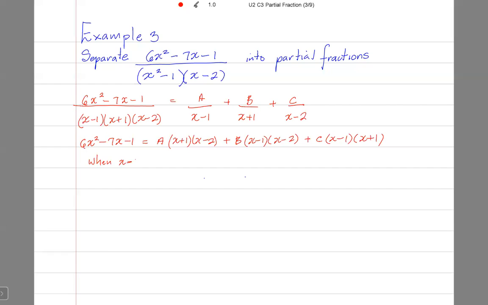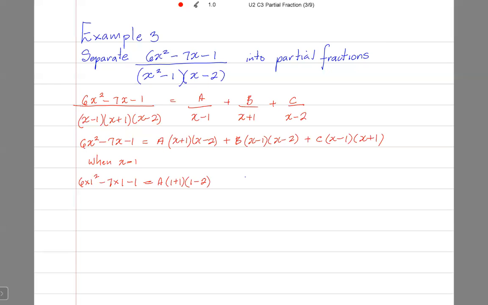So when x is equal to 1, I'm going to have on the left 6 times 1 squared minus 7 times 1 minus 1, is equal to a into (1 plus 1) multiplied by (1 minus 2). When x is 1, b is going to go and c is going to go because x minus 1 is 0.